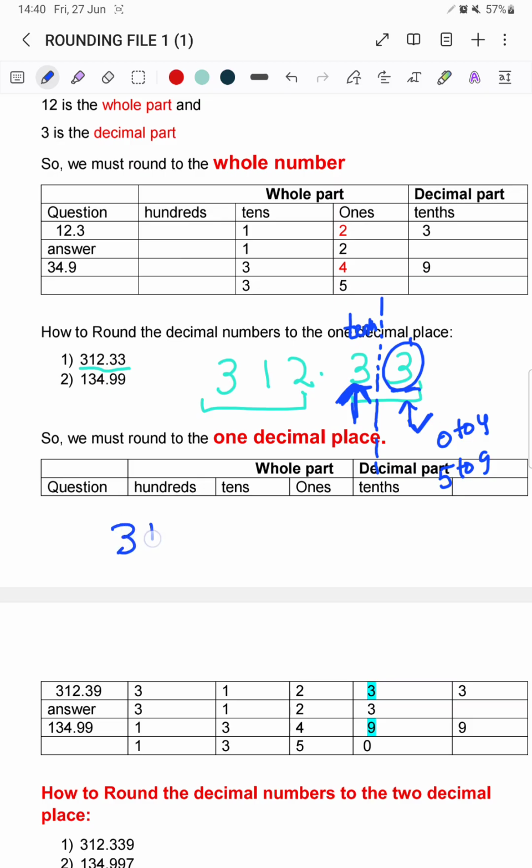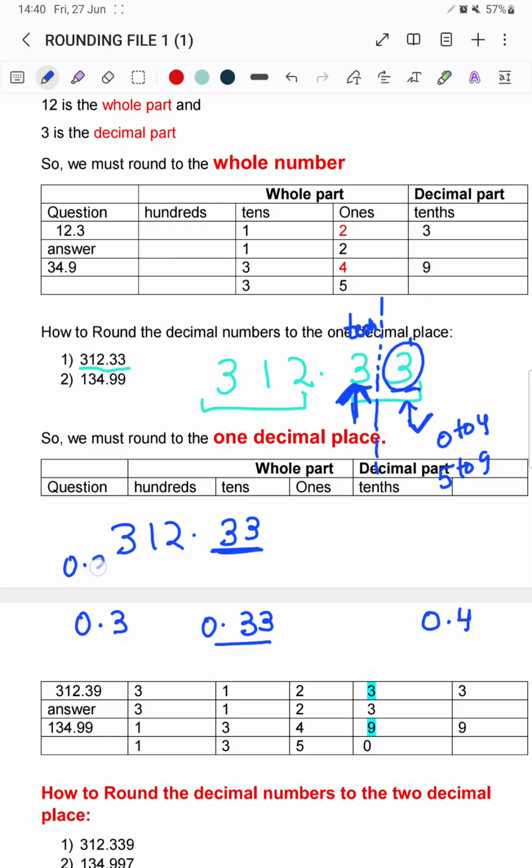We have 312.33. Basically you can do it in two ways. You can just think of this number 0.33. You can say that it lies between 0.3 and 0.4. Okay, this 0.33 lies between 0.3 and 0.4. How?